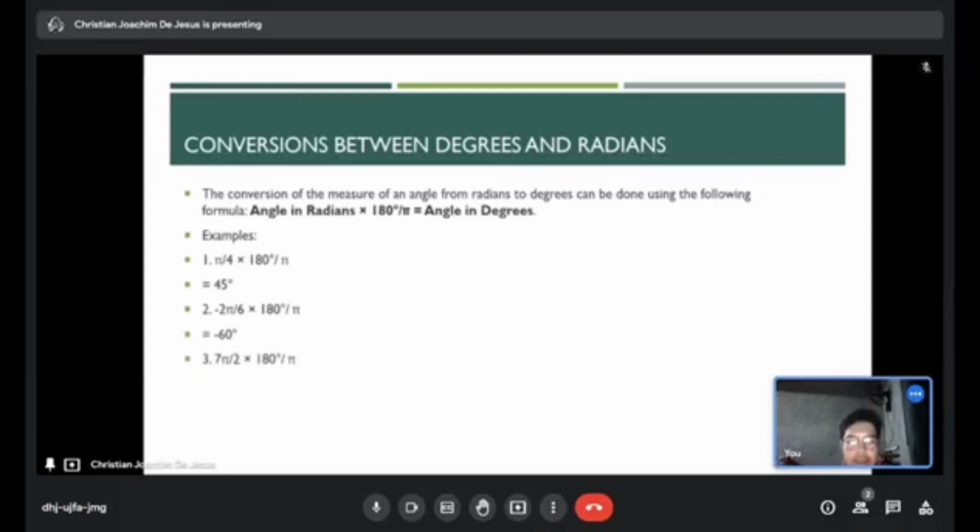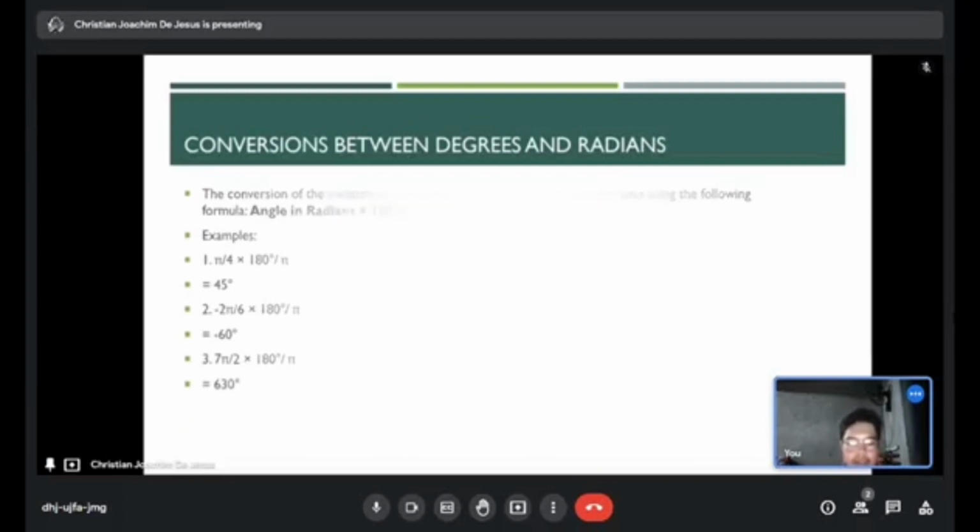Next, number 3, 7 pi divided by 2 times 180 degrees divided by pi. Cancel the pi. 7 times 180 is equal to 1260. Divided by 2 is 630. 630 degrees.